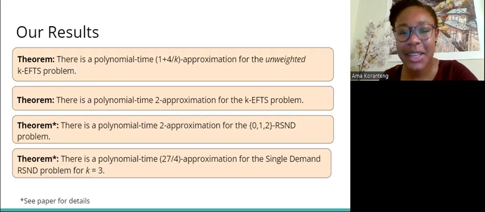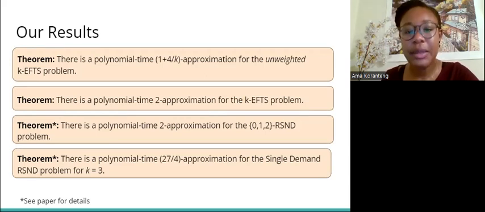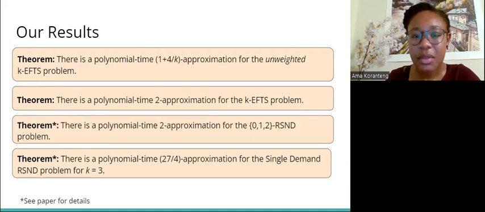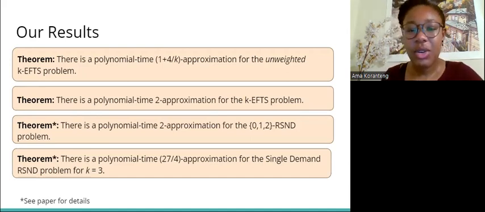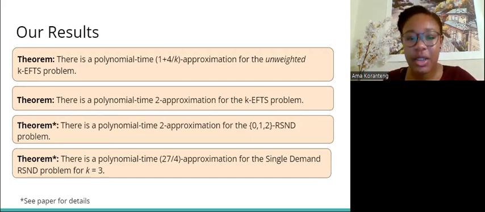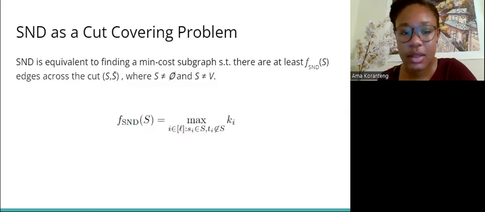This seems like it should be a relatively simple special case since there's only really one demand, but we found that even when there's only a single demand, and when that single demand is just 3, it was still surprisingly difficult even to just get this 27/4. And again, you should check the paper for details. As a whole, though, I want to emphasize that our main contribution is this new notion of relative fault tolerance we have, particularly for edge connectivity problems.